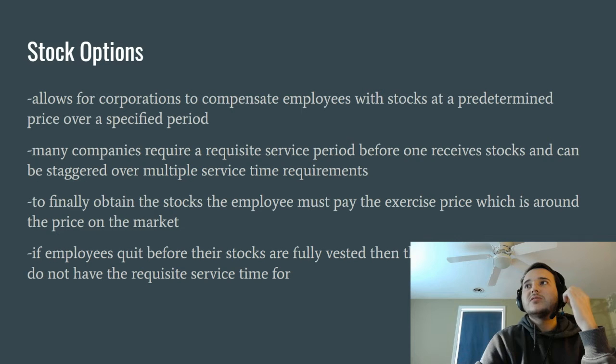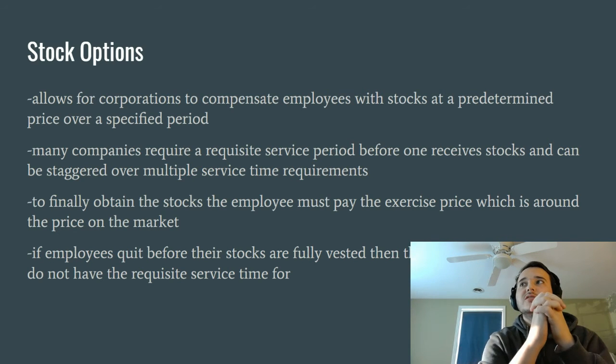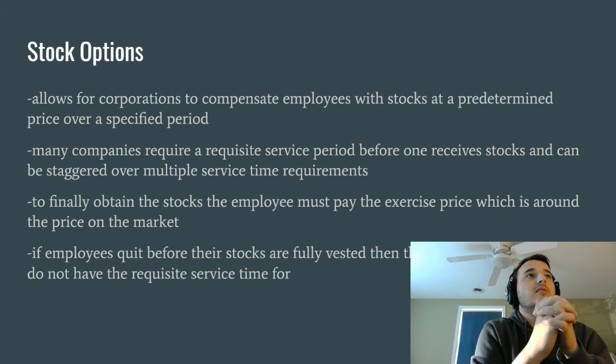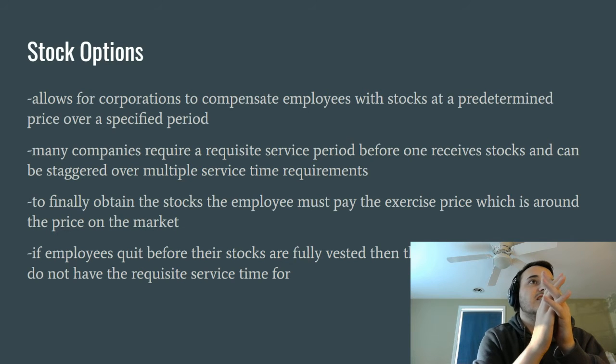First, we have stock options, and this allows corporations to compensate employees with stock at a predetermined price over a specified period. Basically, this means that companies will require their employees to work for a certain amount of time before they become vested and can buy the stock options that were offered as part of their employee contract.